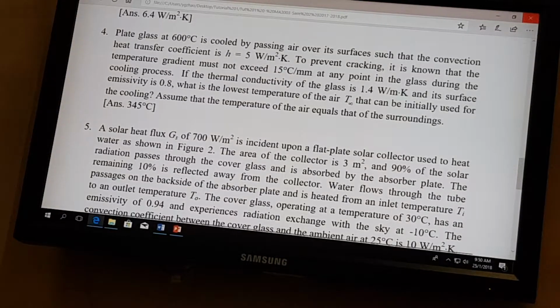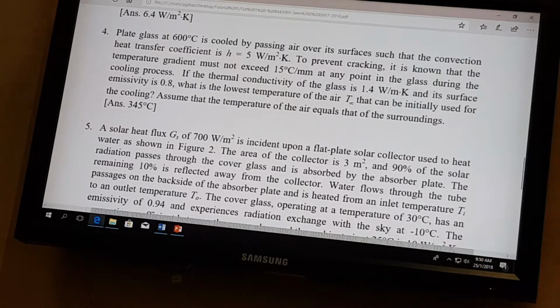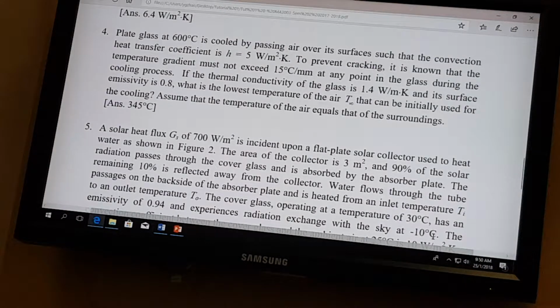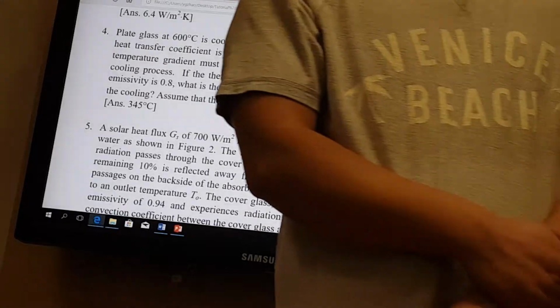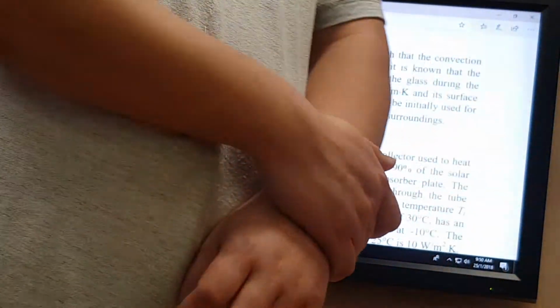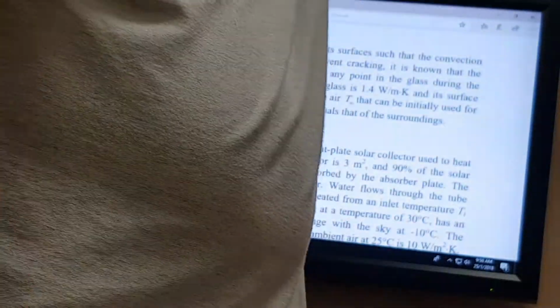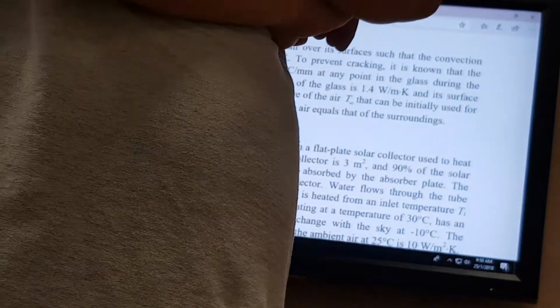This is the solution. Do you not pass the presentation? Pass your paper, those questions. Heat transfer, send us. Yeah, so, last two semesters.